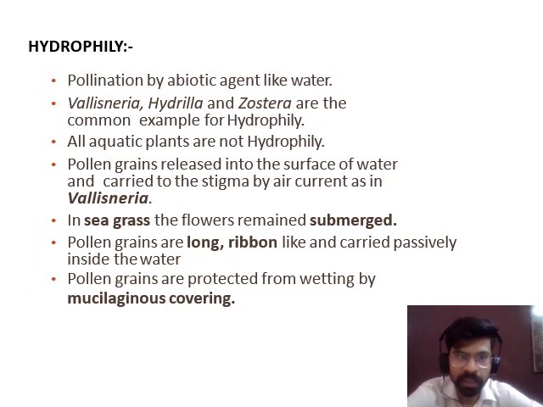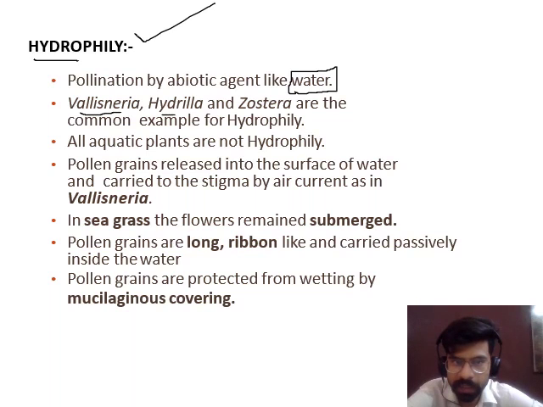Now the next type of agent is water. When pollen grain is transferred with the help of water, it is known as hydrophily. Examples of hydrophilous plants are Vallisneria, Hydrilla, and Zostera. These are three aquatic plants.